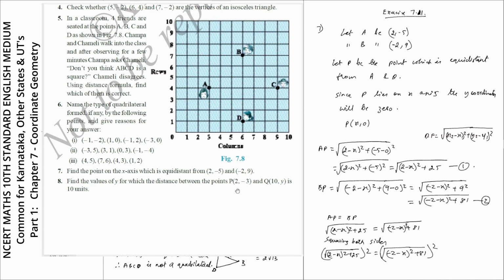So when I square, the root symbol will get eliminated, so I'll be left with (2 minus x) the whole square plus 25 is equal to (minus 2 minus x) the whole square plus 81. The square root symbol and the power of 2 here will get eliminated.